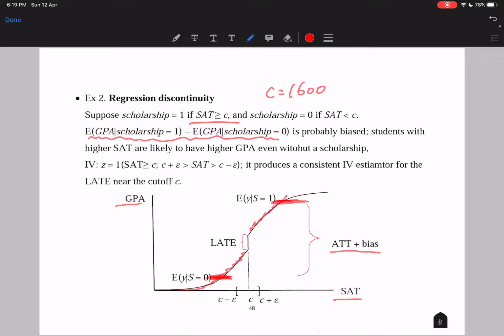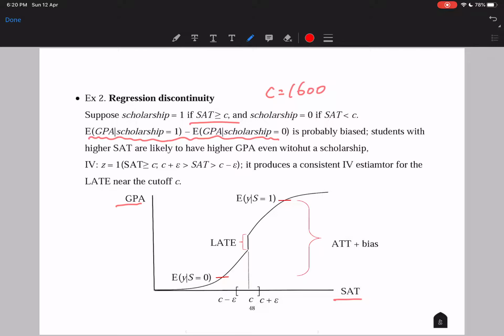The average for students with scholarship is probably here. Then the difference will be the average treatment effect plus selection bias. Right. So we know in general this won't work, right? So this will not give you the causal relationship.